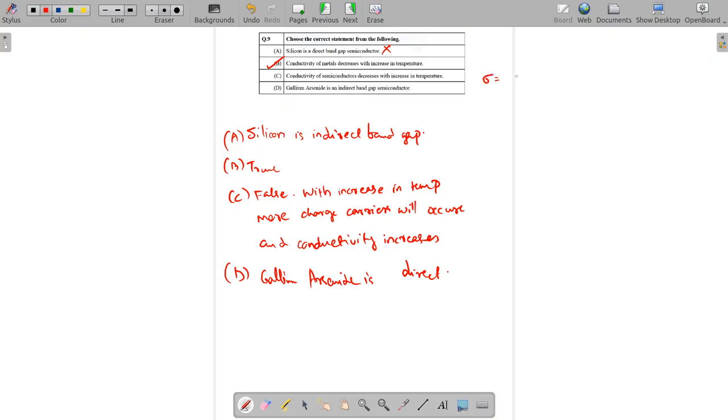You might be remembering this, sigma equals n e squared tau by m, where n is the number of charge carriers density, e is the charge of electron, m is the mass, and tau is the relaxation time. Tau is the important quantity to note here, relaxation.